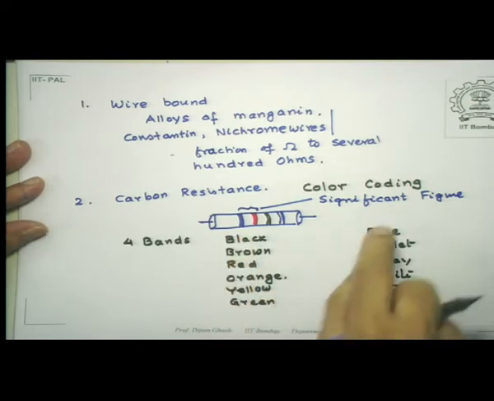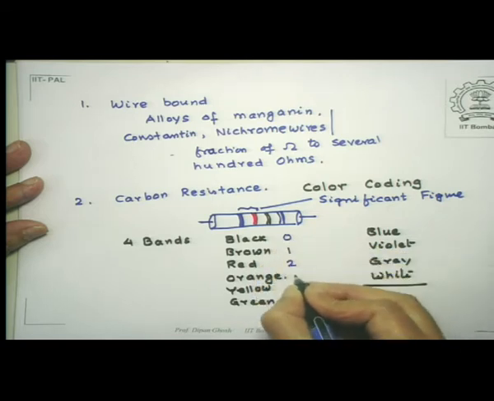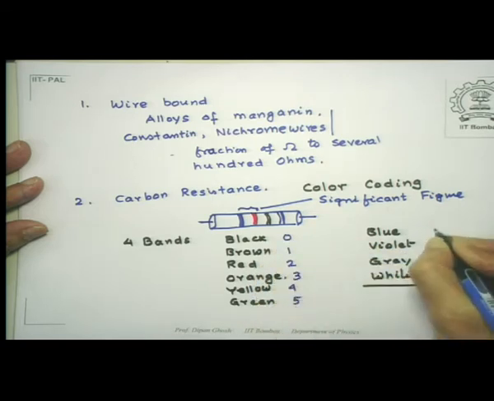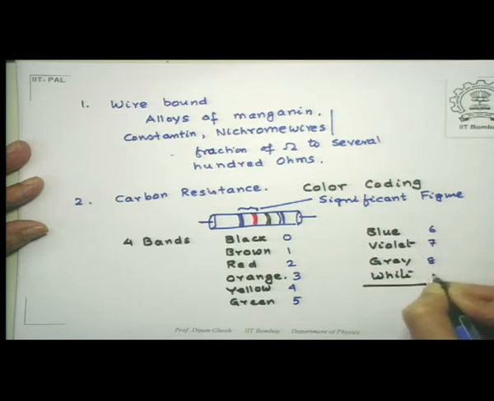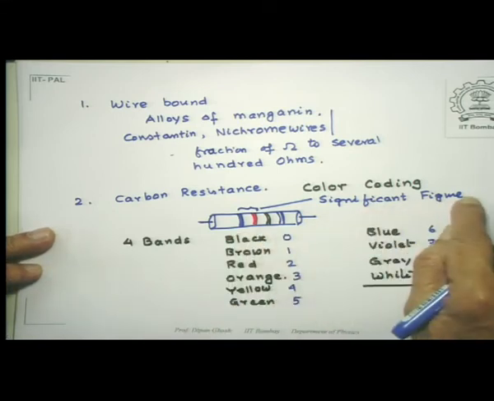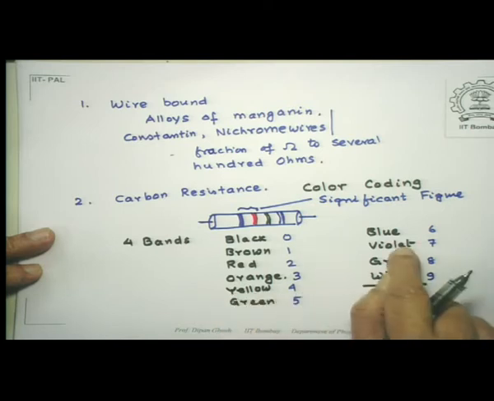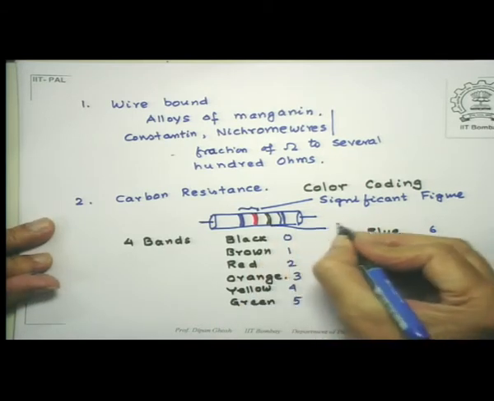Depending upon the color, we assign a value which is black 0, brown 1, red 2, 3, 4, 5, 6, 7, 8, 9. So suppose you wanted to have the first 2 numbers as 23. Your first band will be red, the next one will be orange. Or for example, 47, the first one will be yellow, the second one will be violet. Now, the third one is a multiplier.